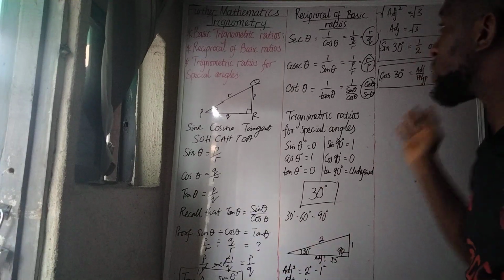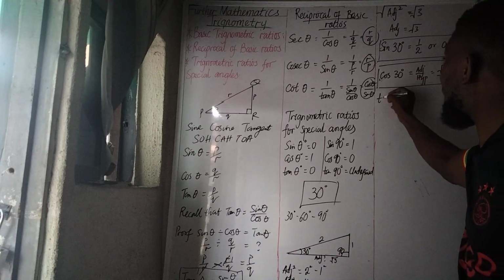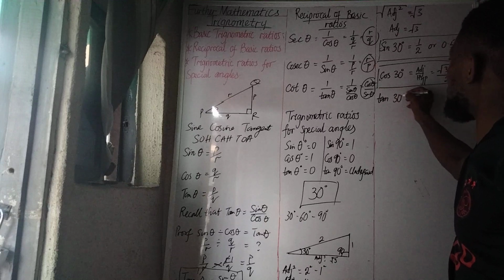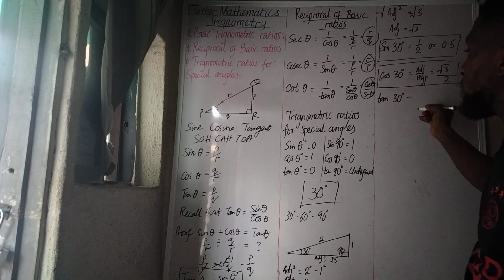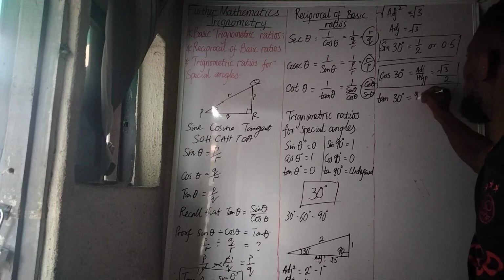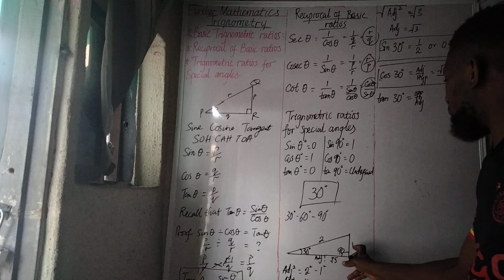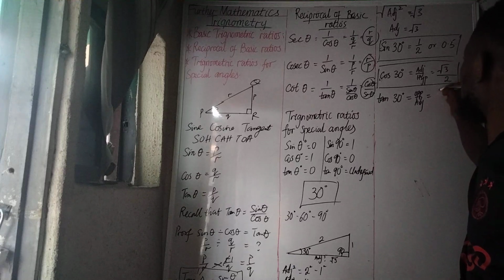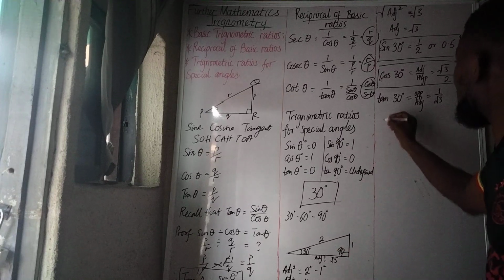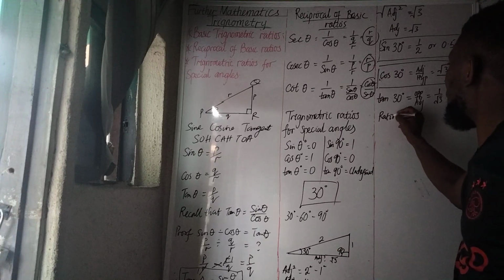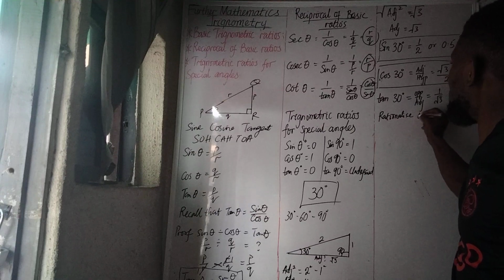You can see that on the board. The next that we have is tan 30 degrees. Tan 30 degrees will go with opposite over adjacent. Our opposite is 1, so we are going to have 1 over root 3. We can actually leave it like this, or we rationalize the denominator.